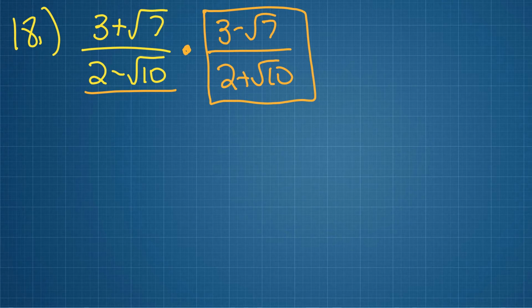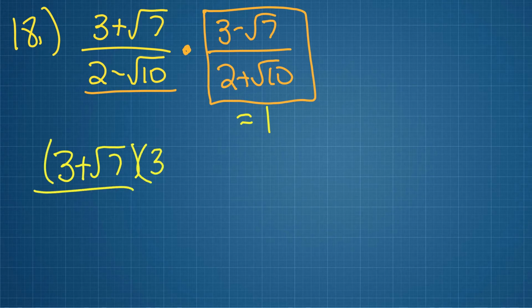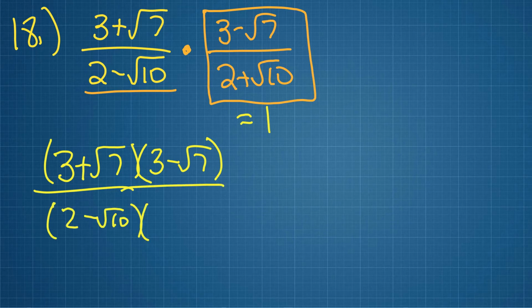Now remember, that box has to equal 1. I'm going to multiply across the top, 3 plus radical 7 times 3 minus radical 7, all over the bottom, 2 minus radical 10 times 2 plus radical 10. Now I'm going to FOIL.